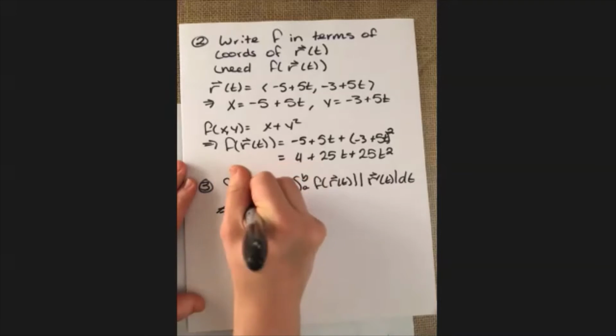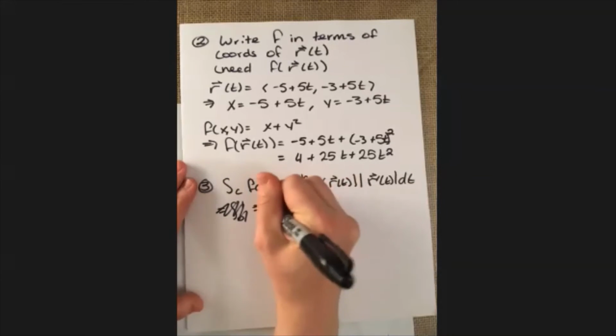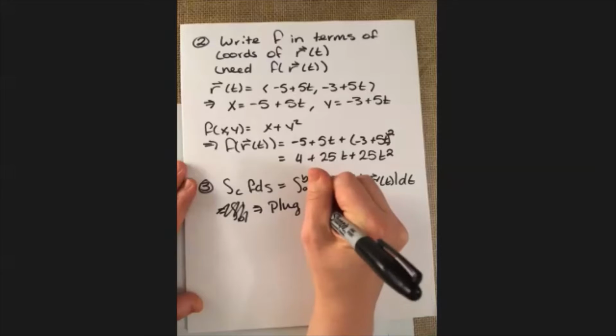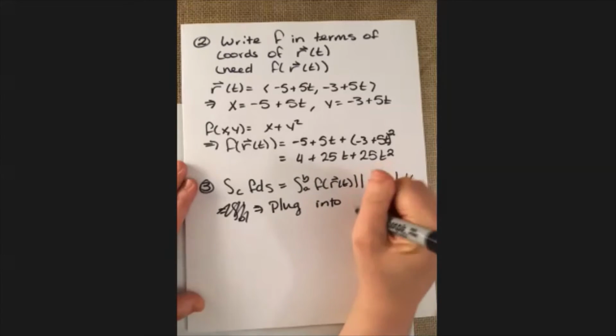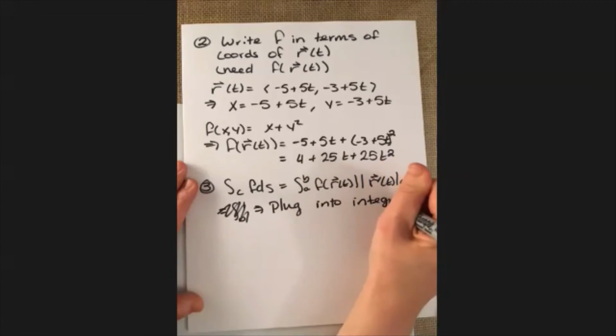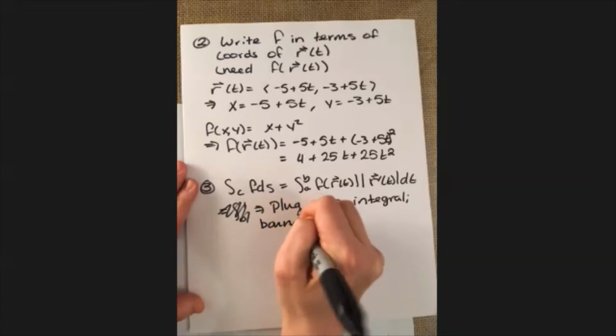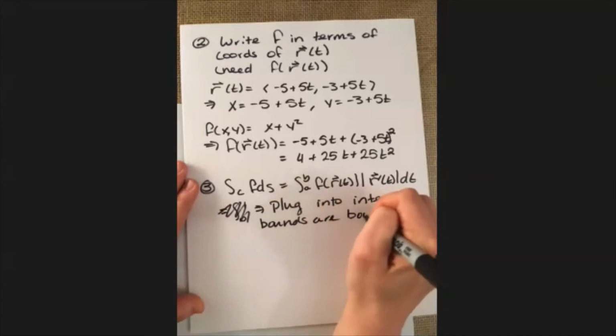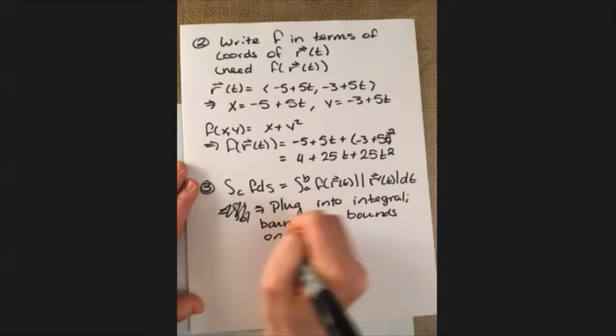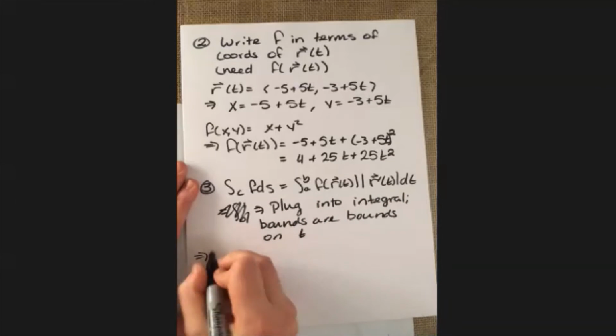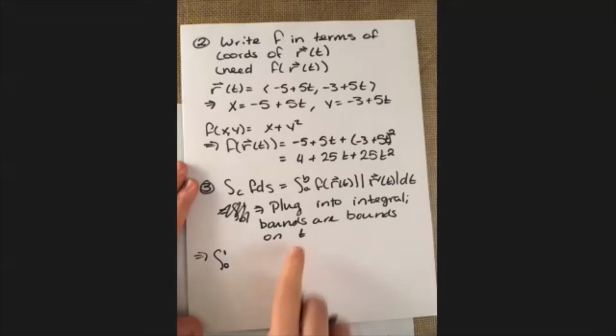Before I jump into all of that, let's go back and restate. So we're going to plug into our integral, and our bounds are the bounds we found on t. So the integral that we have is the integral from 0 to 1, because those were our bounds on t.